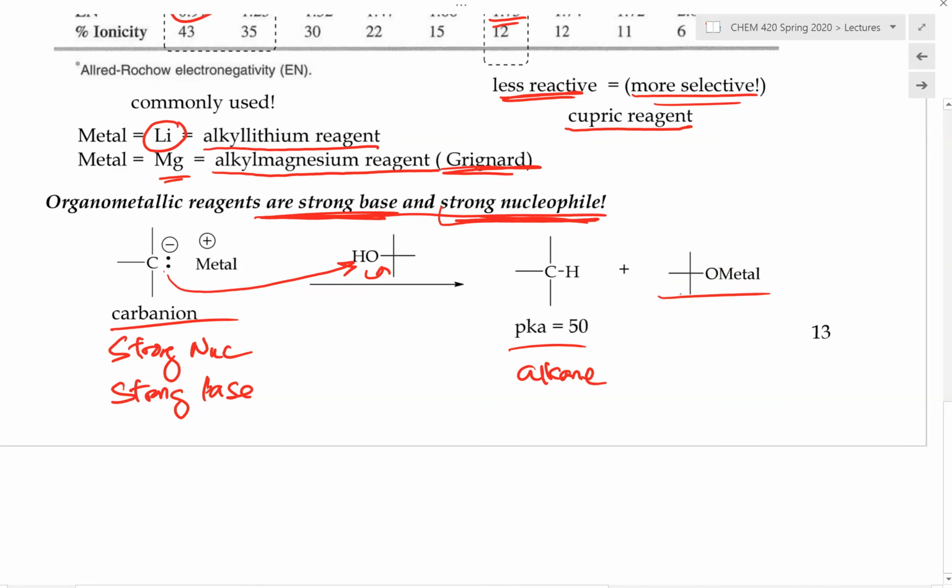If we look at the difference in pKa, this pKa is anywhere between 17 to 18, versus the pKa of the corresponding alkane, which is 50. So you can see the equilibrium is very much shifted to the product side. That means this reaction will be very fast and reactive. So please keep that in mind: organometallic reagents are not compatible with polar protic solvents.